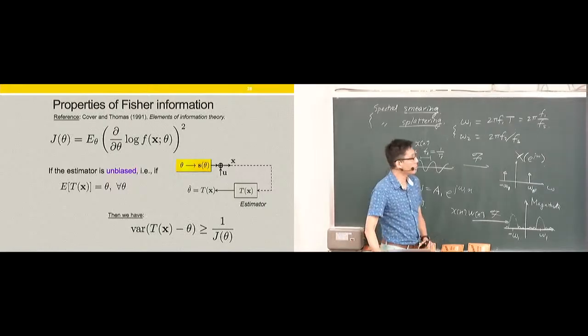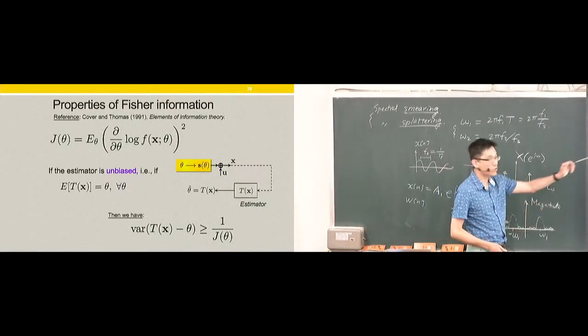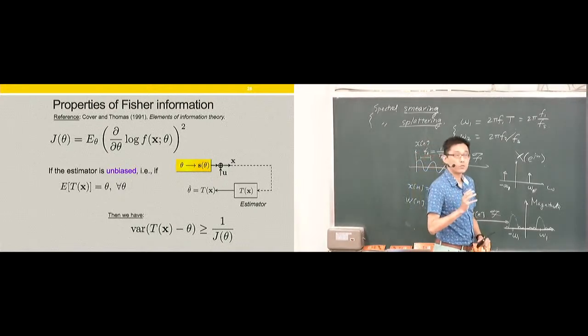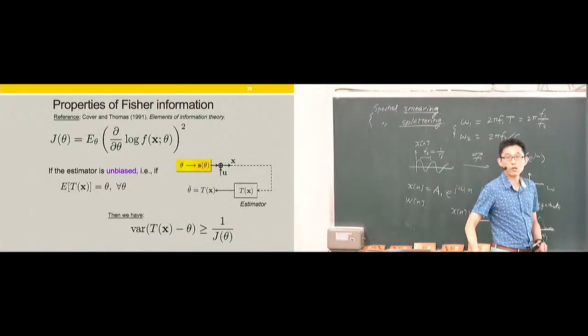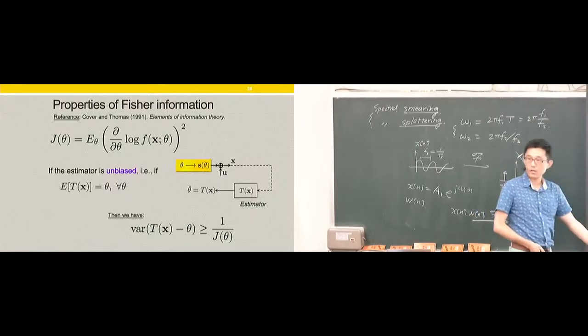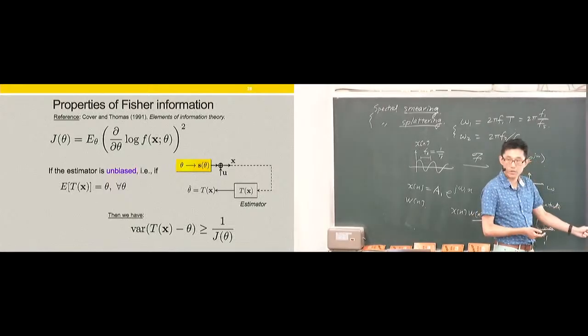I just want to refer to you what J is. J is called Fisher information. It's a really advanced topic. Usually when we talk about information, we talk about Shannon's entropy, which is what you typically learn from your first course in information theory. But Fisher information is another kind of information, another way to measure information.